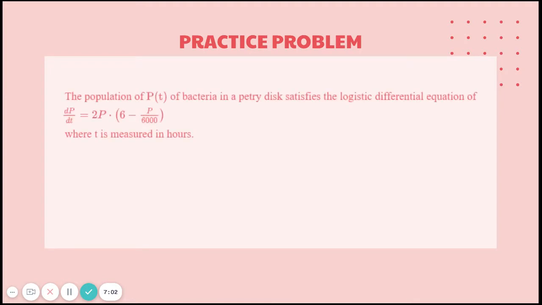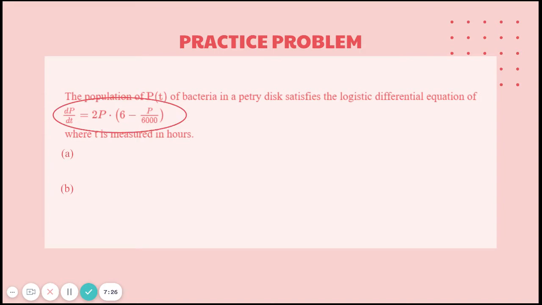A population P(t) of bacteria in a petri dish satisfies the logistic differential equation dP/dt equals 2P times (6 minus P over 6,000), where t is measured in hours. Alright, so far we're just given the main equation.